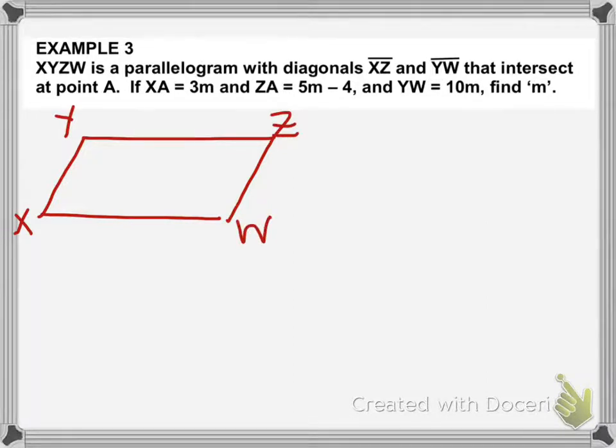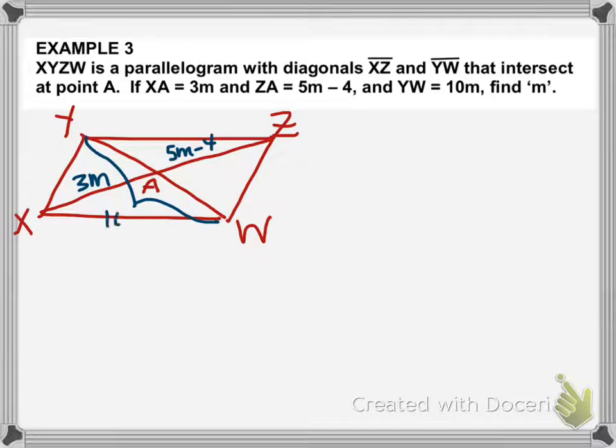It says the diagonals are XZ and YW that intersect at point A. All right, let's go ahead and label now. It says if XA is 3m and ZA is 5m minus 4 and YW is 10m, find m. So this is 10m.